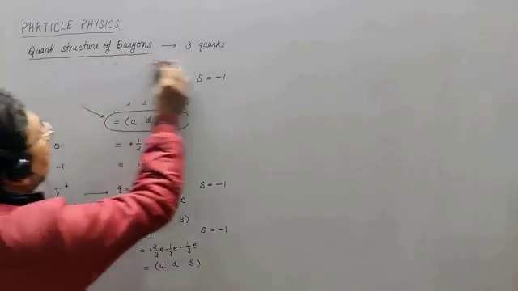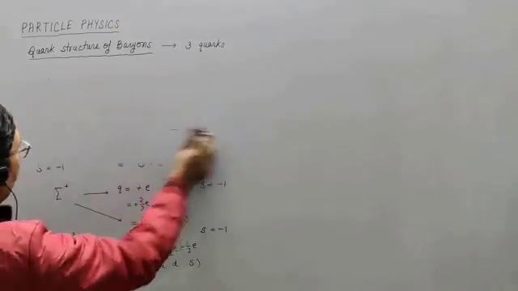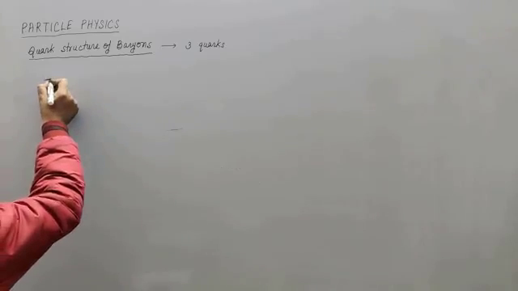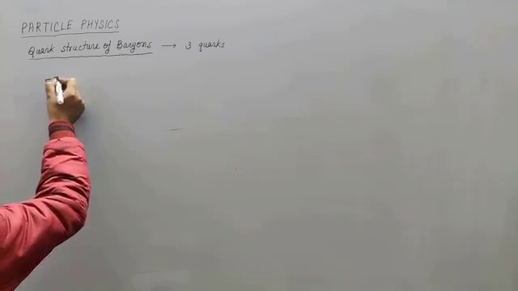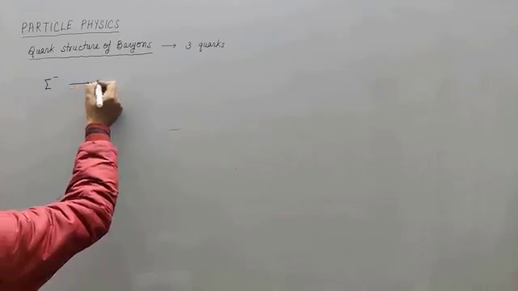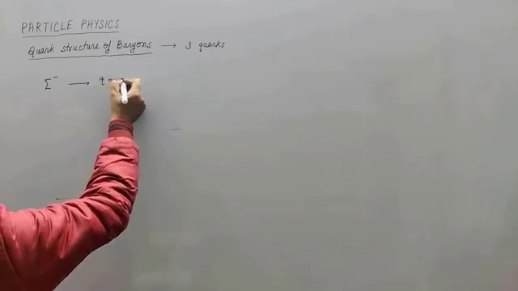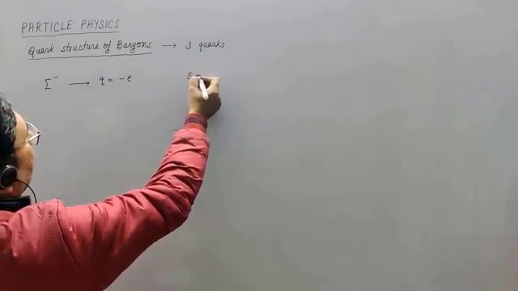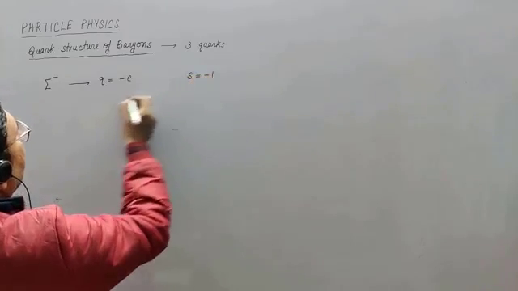Now come to sigma minus. Its total charge Q is equal to minus e. Strangeness number, you are aware, is -1.